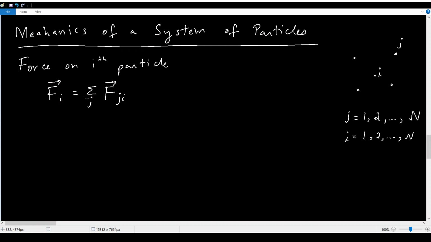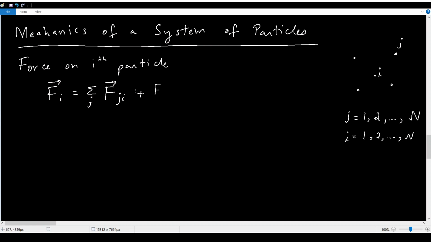But it is important to note that j cannot equal i, because the ith particle cannot apply force on itself. So if this i is, for example, 2, then there's a force on it because of particle 1, particle 3, particle 4, particle n, but not because of itself, not because of particle 2. So it is implied that j does not equal i here.